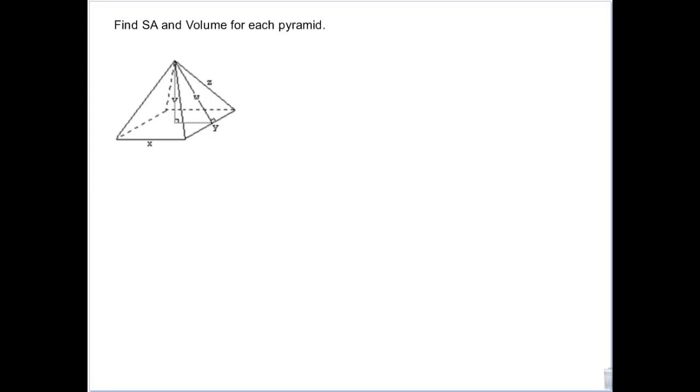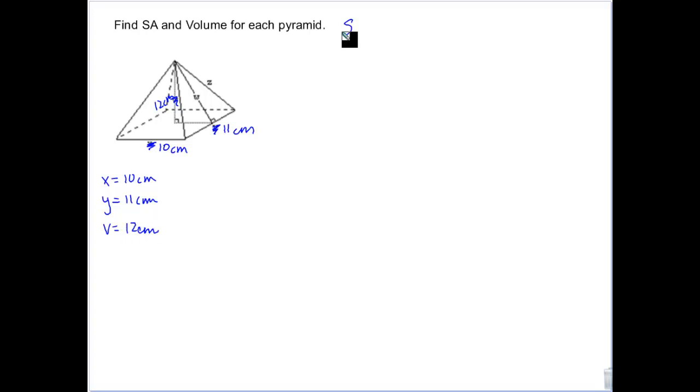Given this pyramid, this is a rectangular pyramid, I'm going to tell you that x is equal to 10, y is equal to 11 centimeters, and v is 12 centimeters. So x is 10 centimeters, y is 11 centimeters, and v is 12 centimeters.